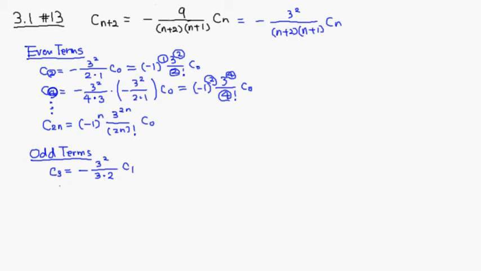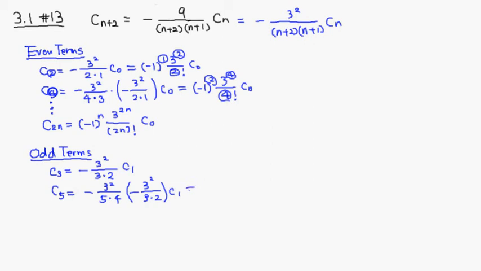Then C5 is going to be negative 3 squared over 5 times 4, then times C3. But C3 is up here, so I'm going to just put that in: negative the previous one, 3 times 2, and then you have a C1.